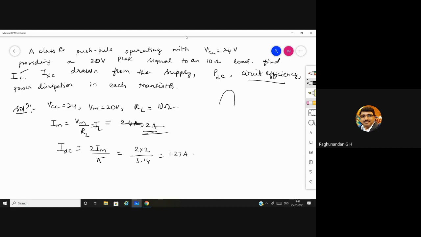So after this, IDC is done, we'll be having PDC. So we need to find the PDC. For PDC, we have the formula VCC into IDC. So substitute it. IDC value we have obtained and VCC value is given.